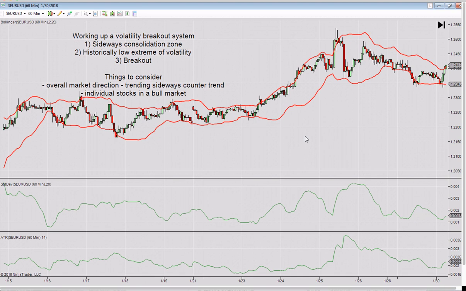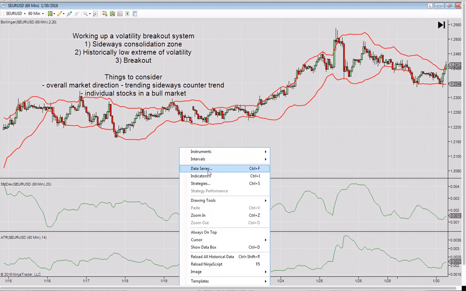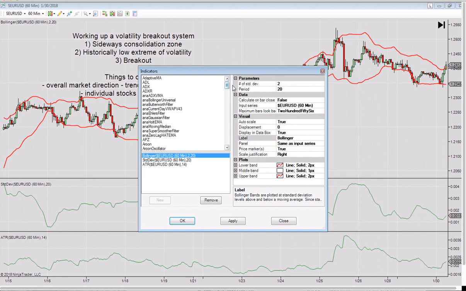Okay, then the next thing you would do is pick a couple of different methods of measuring historical low extremes of volatility. The obvious ones would be standard deviation, average true range, or alternatively, you could do something like the Volstat indicator.